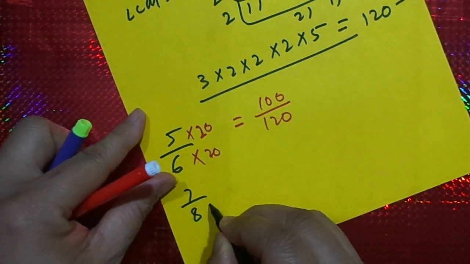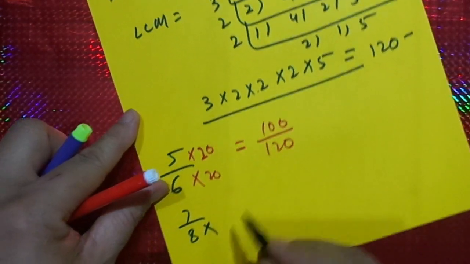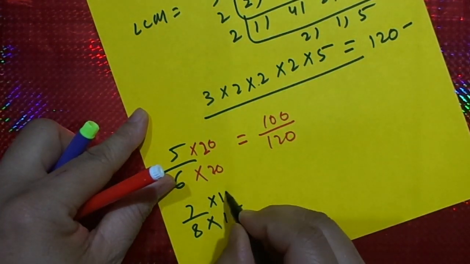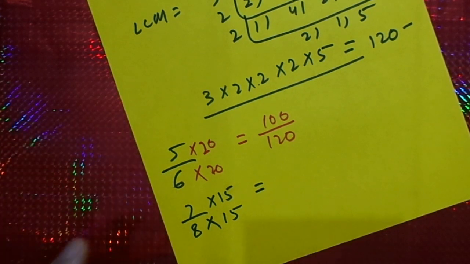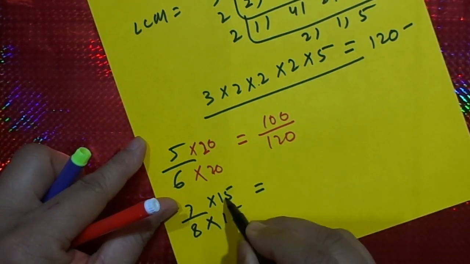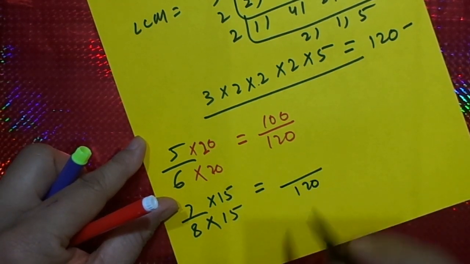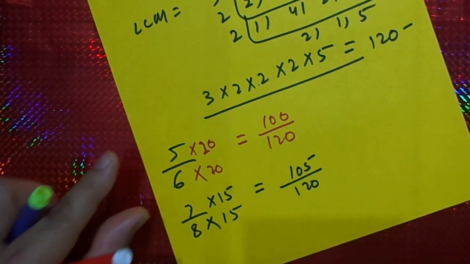Remove 8, 2 2s are 4, 2 4s are 8, so 5 3s are 15 remains. So I will multiply by 15 and finally get 15 into 7 is 105, and 15 into 8 is 120, so 105 by 120.